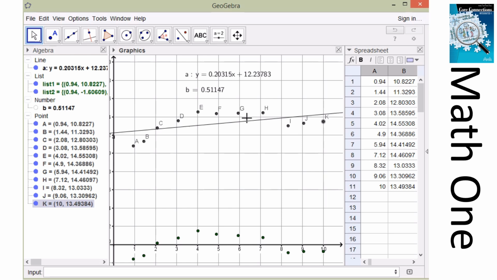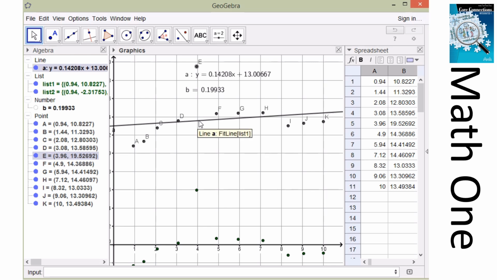And then the residuals: each of these points has a residual. In fact, at this point E has a very, very large residual. If I plug in 4, the model says it should be right here, but point E itself has a value way up here at 19.52.